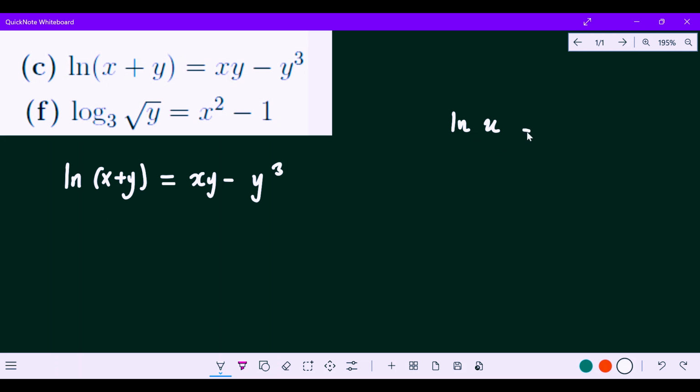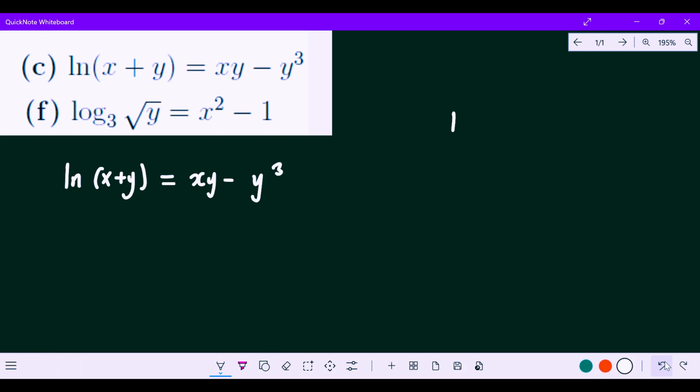Its derivative is u prime divided by u itself. For example, natural log of x squared gives 2x divided by x squared, which is 2 over x. This is exactly what you're going to do here.